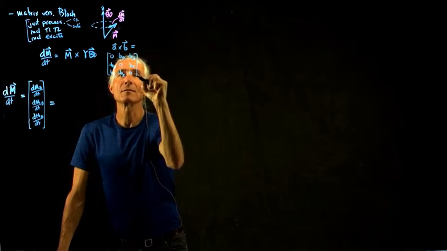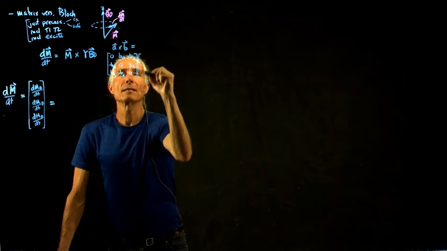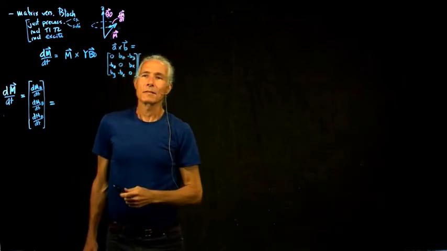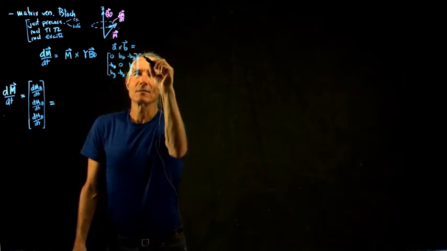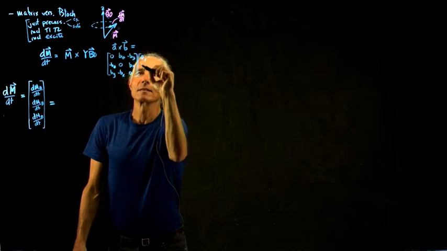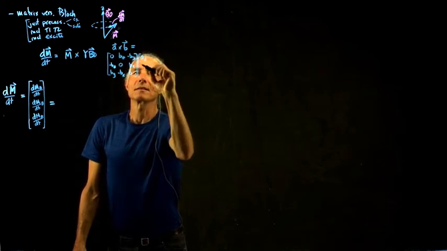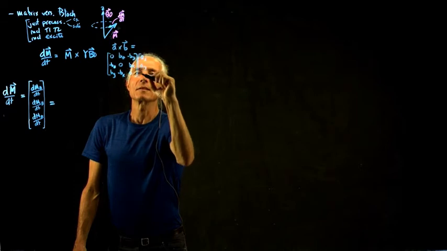Okay, so 9 numbers. And then we're multiplying that by the vector that we're operating on, the A vector. So here's Ax, Ay, Az.